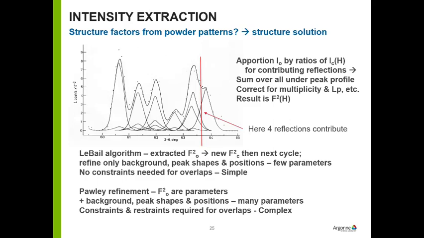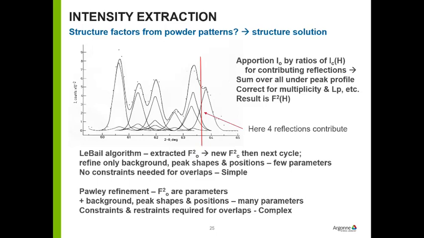The other algorithm is by Armel-Levi, in which you basically pose a set of calculated structure factors. You then use that to extract a set of FOs. And then you take the FOs and put them in place of the old FCs, and you just do it again.